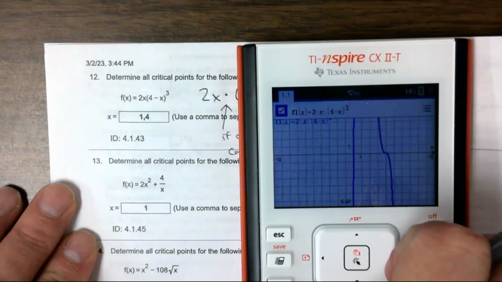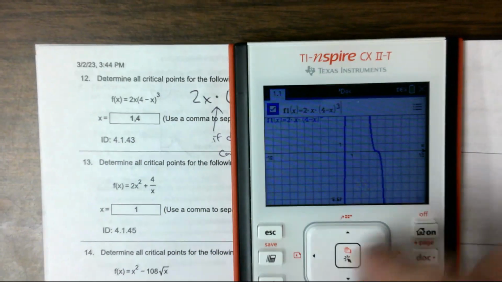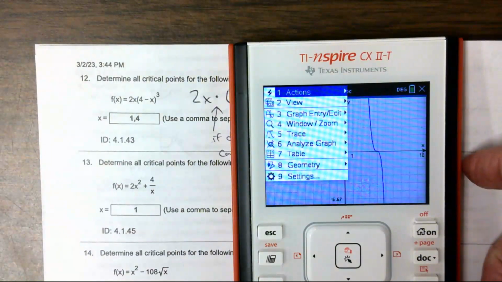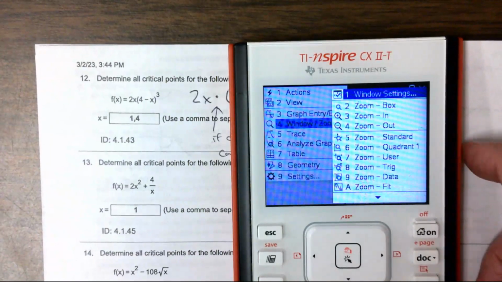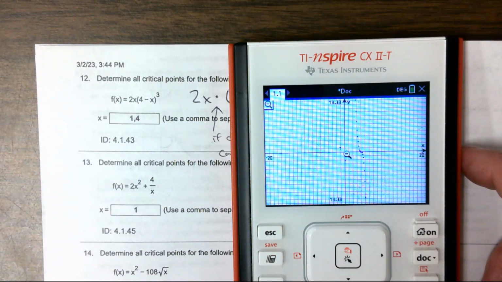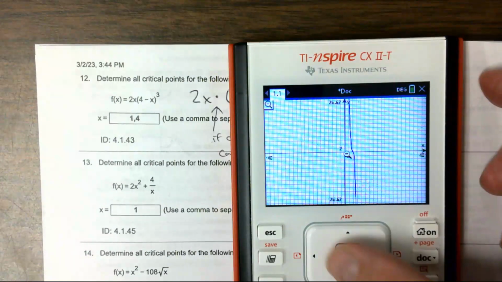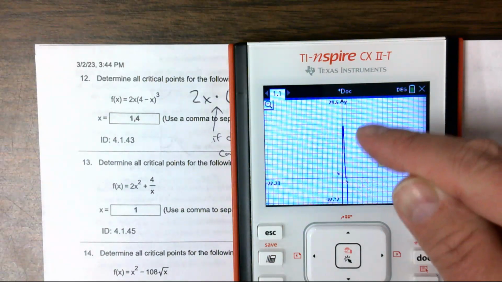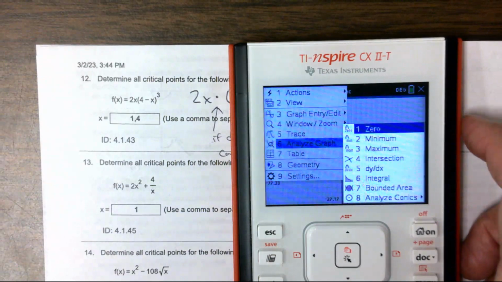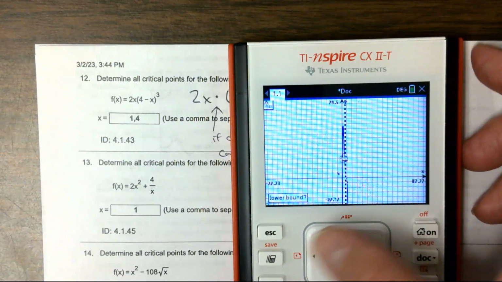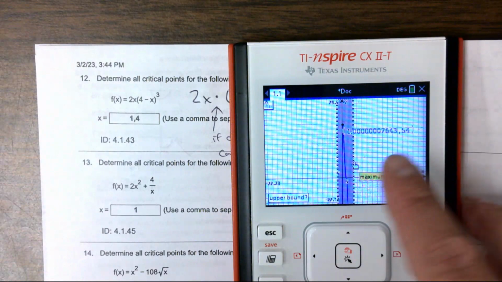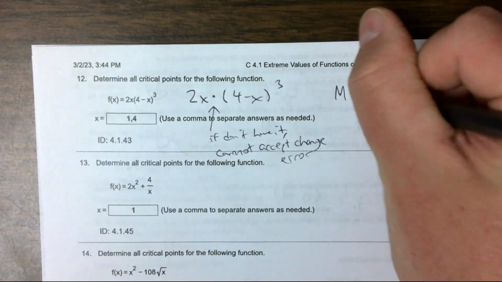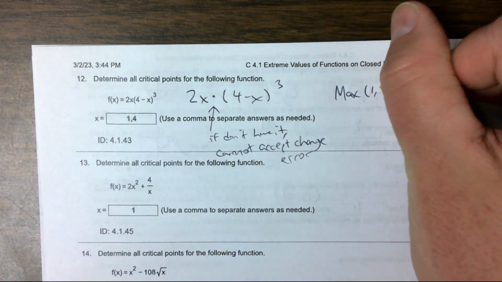Okay, so what we need to look at is the maximum and minimum. So let's zoom out. Can we find it up here? Okay, found it. Go to your maximum between here and here. That's at 1 comma 54. So the max is at 1 comma 54.